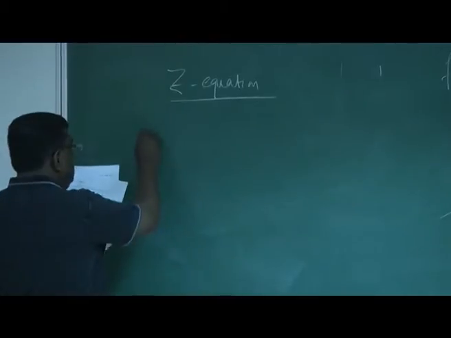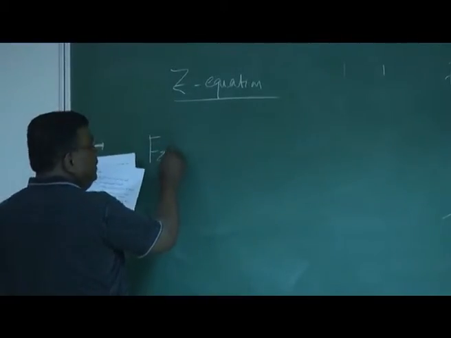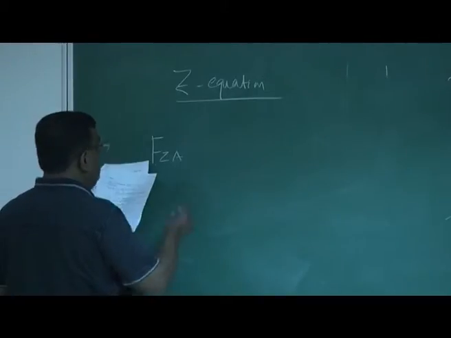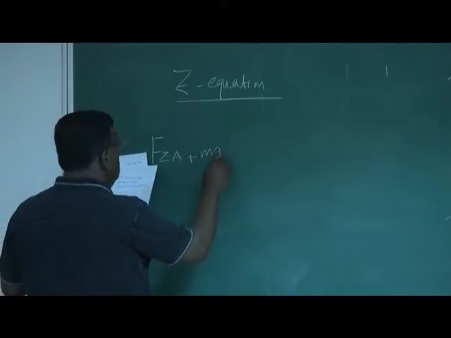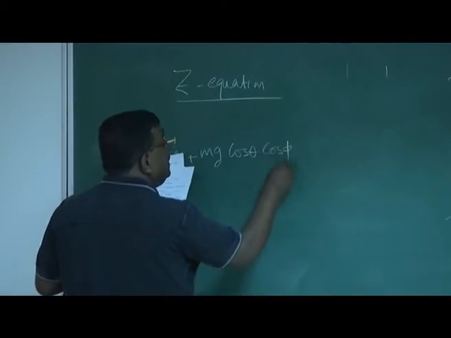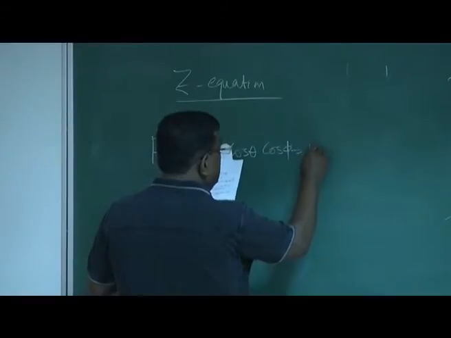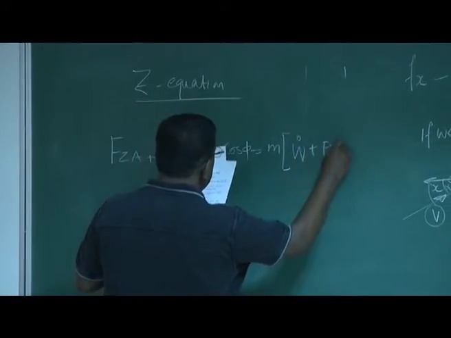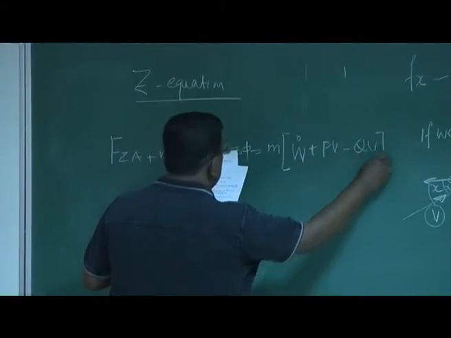The equation is: F_z_A plus mg cos theta cos phi is equal to m (w dot plus pv minus qw).